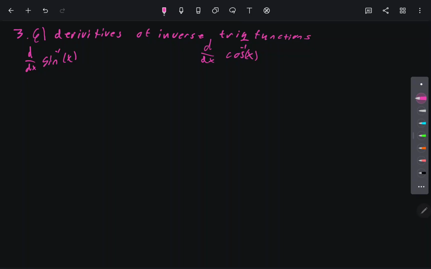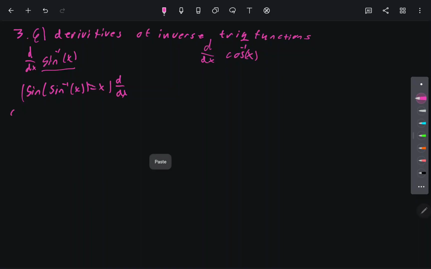So for this derivative of sine inverse of x, we start out with what we know. We know that sine of sine inverse of x is just equal to x. What does that tell us? Well, now we can take the derivative of this, and we would get the derivative of sine inverse.